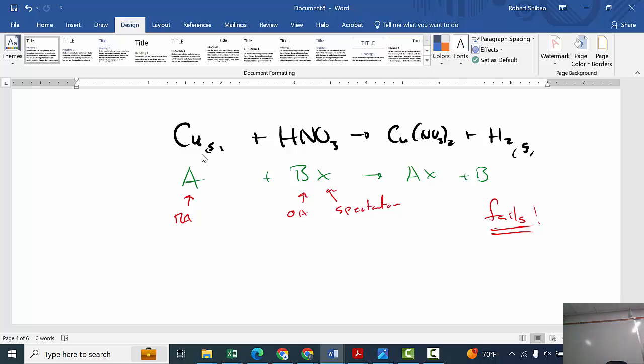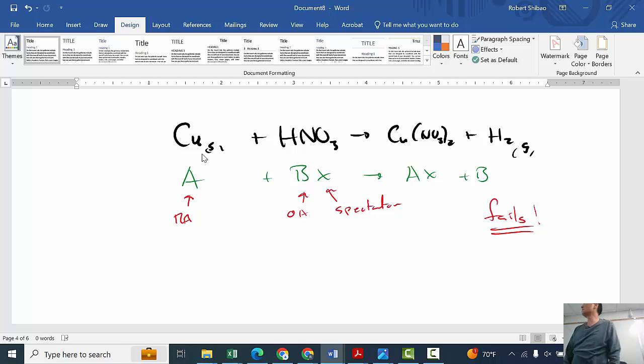Nitrate will not be a spectator in the presence of H plus. It turns out that this was misassigned. Copper is a reducing agent, but this is terribly misassigned. Nitrate should have been the oxidizer, and H plus could help it.